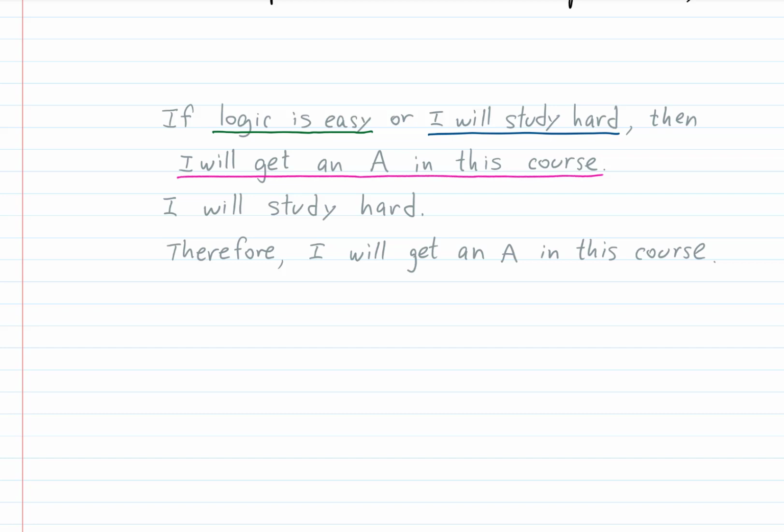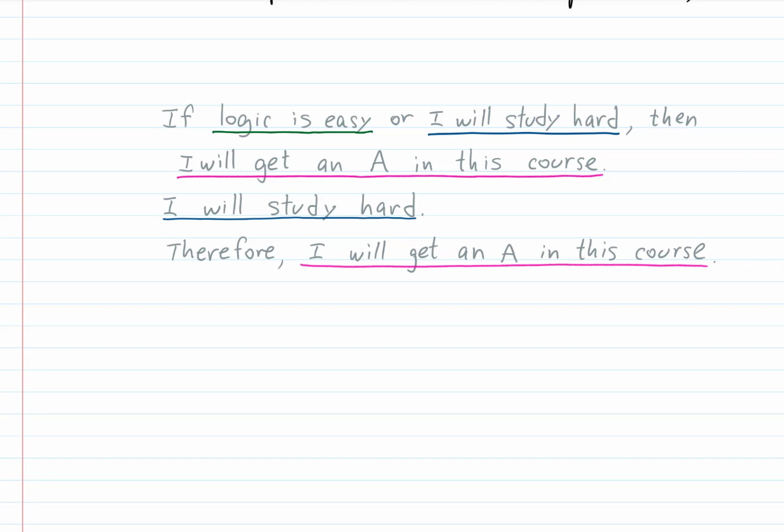Now the second statement is not a compound statement. It's just a single, simple statement. And in fact, it's the same one that showed up in the middle of the first statement: I will study hard. And the third statement, which is the conclusion, is not a compound statement. It is just a simple statement: I will get an A in the course.